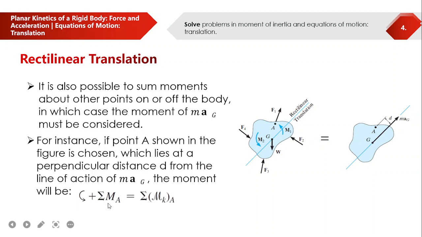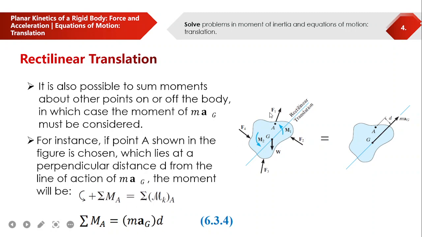So, it is kinetic moments again. The summation of all moments at point A equals the summation of all the kinetic moments at point A as well. Okay? Therefore, that will be equal to the force times d.